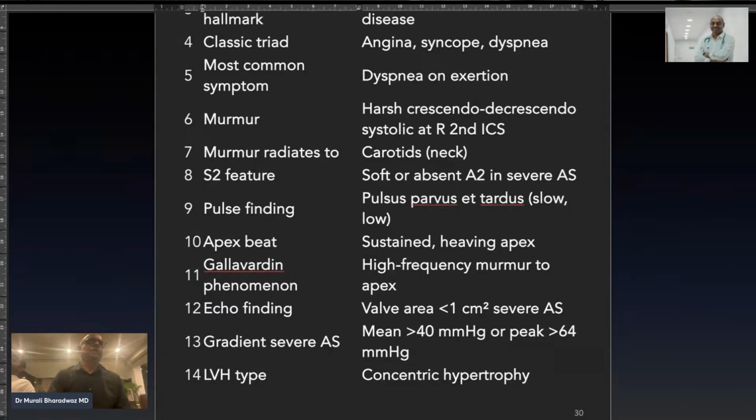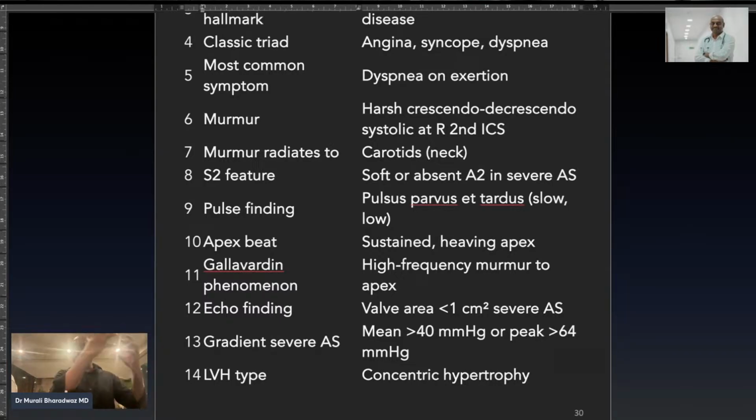Okay, sir. We'll just remember Gallavardin. But it is not actually due to MR. There is no MR developing. It mimics MR, because the MR murmur is also a pansystolic murmur radiating into the axilla. The turbulent flow of aortic stenosis, as the left ventricle blood moves into the aorta, creates a lot of vibrations.